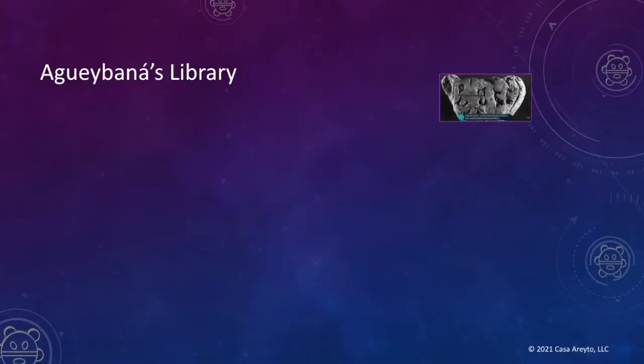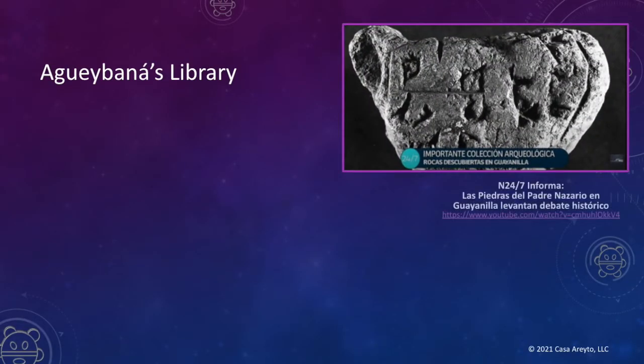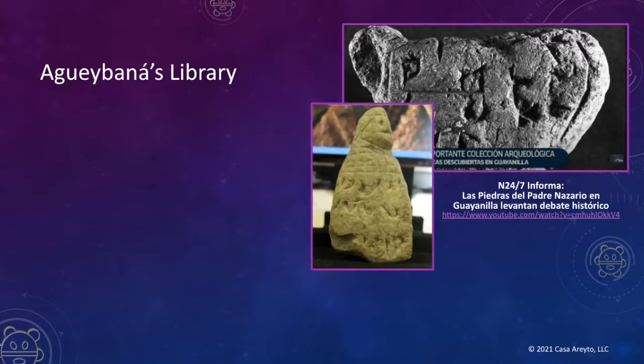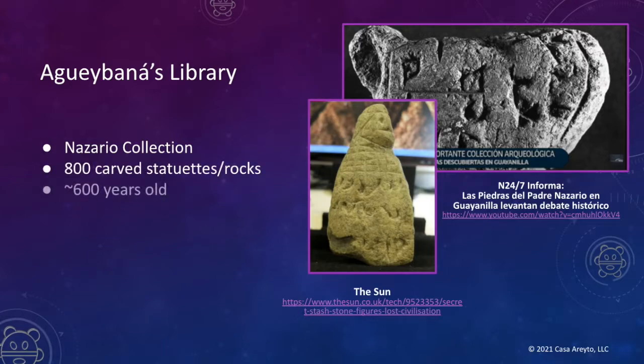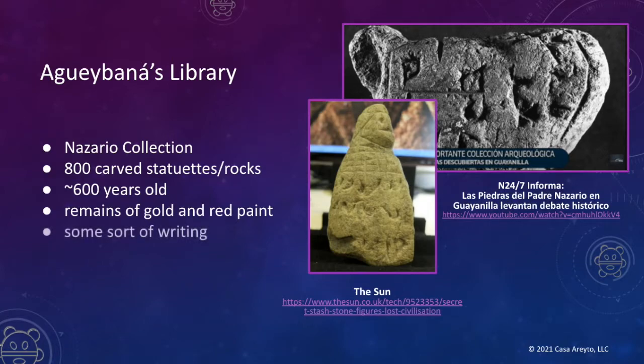What is Agueybaná's library? So Agueybaná's library, also known as the Nazario Collection, is a collection of about 800 carved statuettes or rocks. These rocks have some carvings on them that look like a writing system.